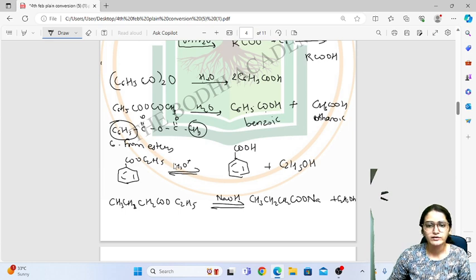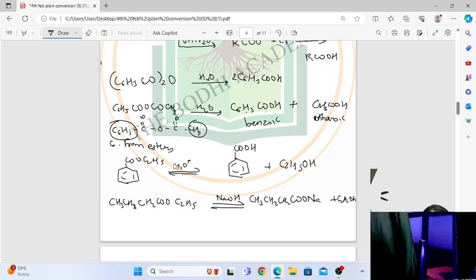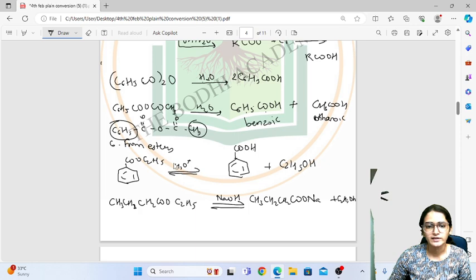In the first case we directly got the acid, because we have taken hydronium ion or H plus ion. But in the second case we are taking base, so here we will not easily get the H plus ion. So first we will get an intermediate, sodium carboxylate.